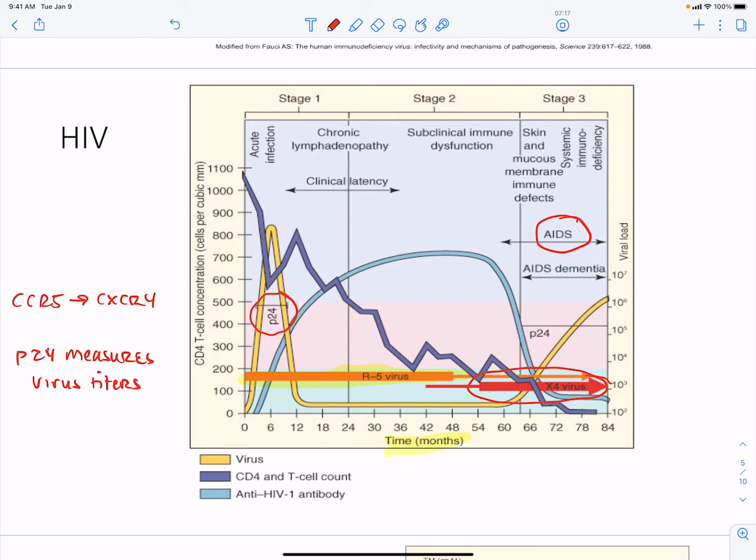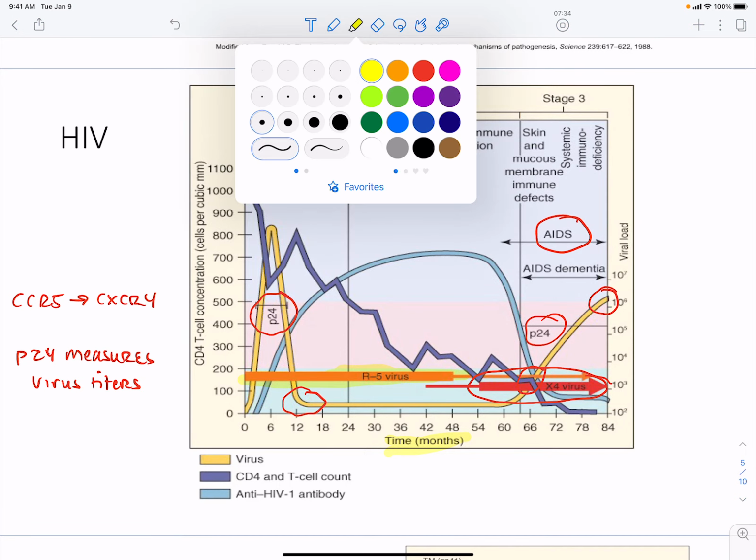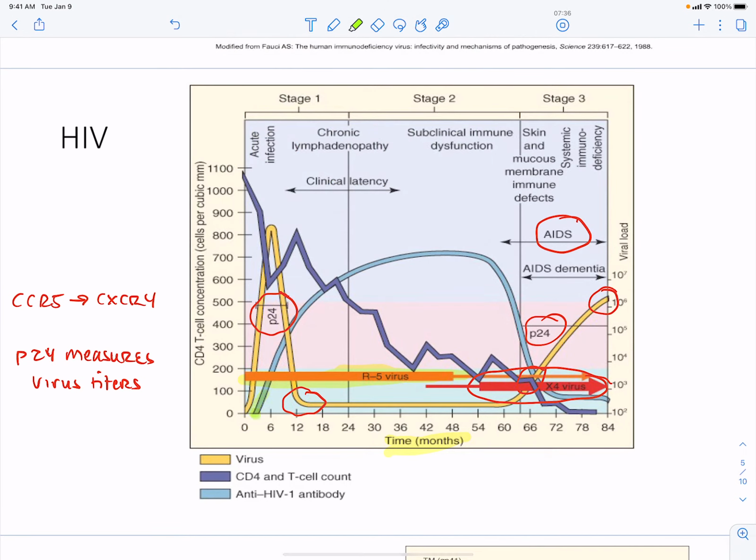Now, of course, your virus is going to go to levels that are below detection until you lose control of the virus, and then it peaks again, and you can measure the P24. Now, you're going to, of course, have antibodies come up, and they're going to stay relatively high until you lose control of the virus, and then they're going to drop again.